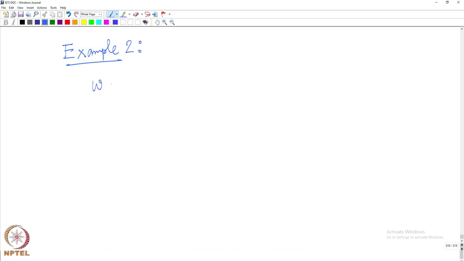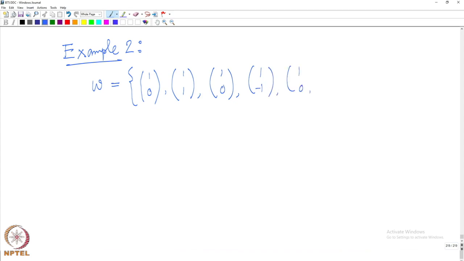Okay, W is given by, I am just concocting it, you will be able to see it immediately: 1 0, next is 1 1, next is 1 0, next is 1 minus 1, next is 1 0, sorry, next is 1 1, and so on. That is my trajectory level data.